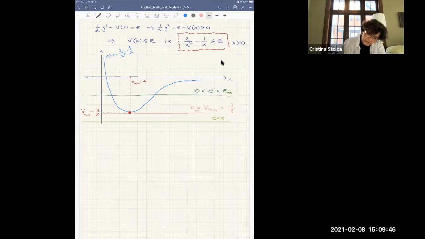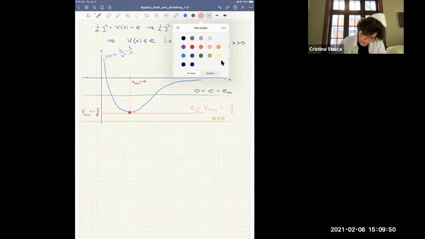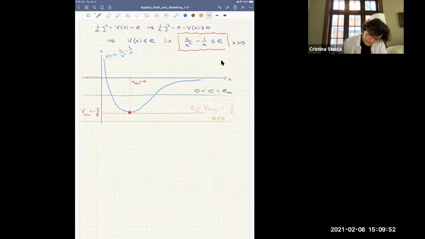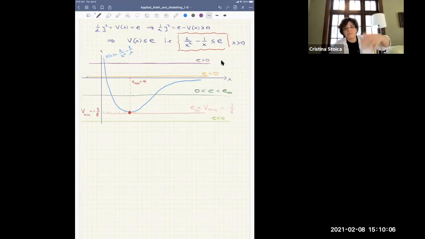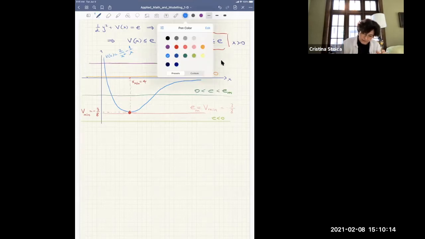Well, I don't like this color, let's pick another one. There we go. So this would be E equals 0. And maybe I should pick one more for E positive. What we're doing now is distinguishing between levels of energy for which the regions of motion are changing. They're not staying the same. So now I'm going to take it one by one and see what happens.